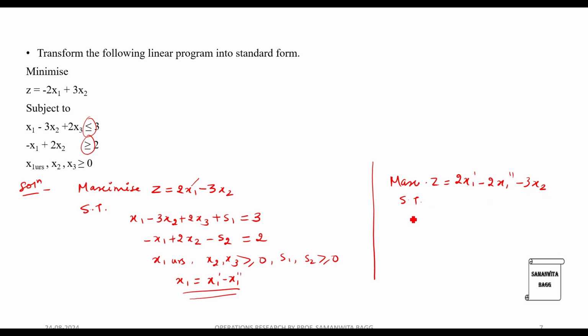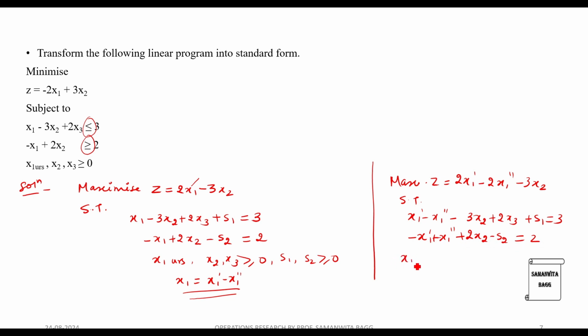Then again I will write down subject to. This will be x1 dash minus x1 double dash minus 3x2 plus 2x3 plus s1 is equal to 3. Then we will write down minus x1 dash plus x1 double dash, because here there is a minus sign in front of x1, plus 2x2 minus s2 is equal to 2.